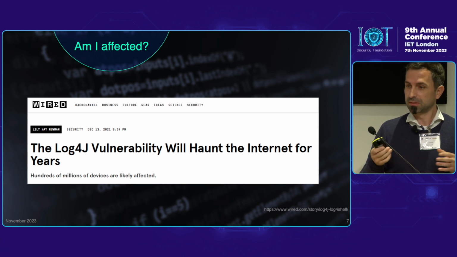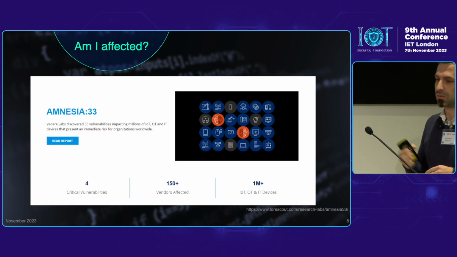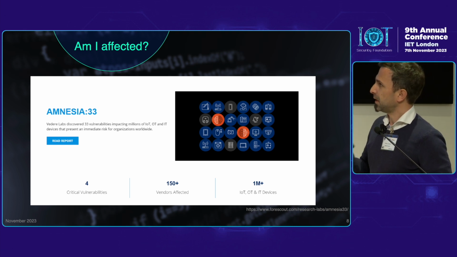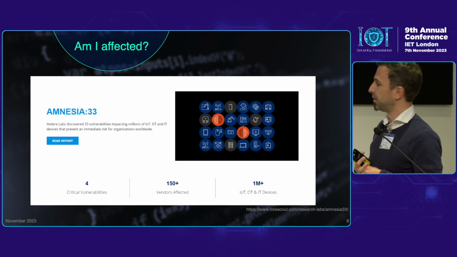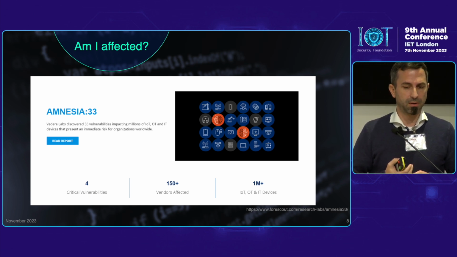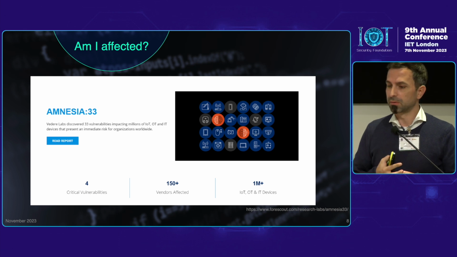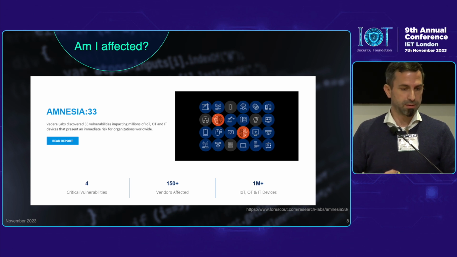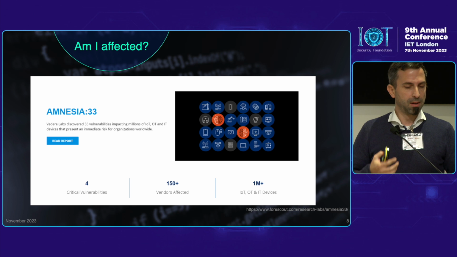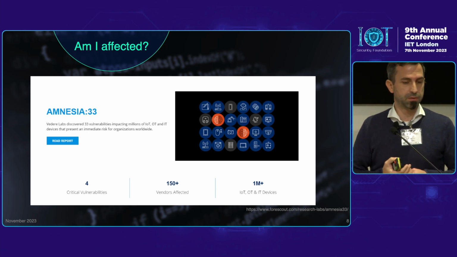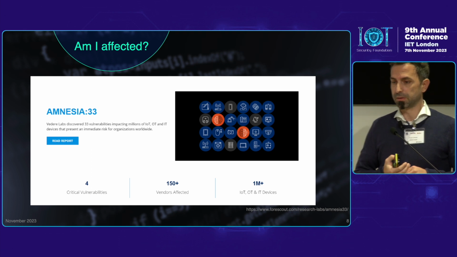But this also happens to more embedded systems. If we look at Amnesia:33, for example, research published by the colleagues from Forescout, who found critical vulnerabilities in IP stacks that many connected devices rely upon, also part of various real-time operating systems, also safety-critical systems.